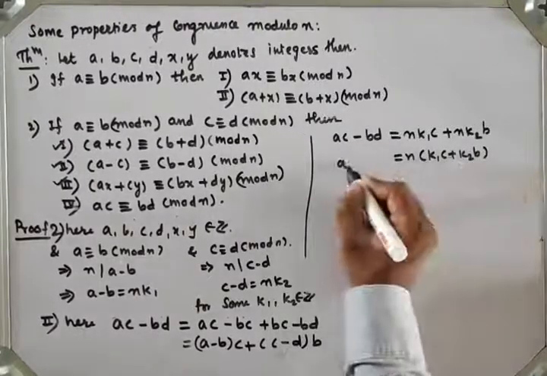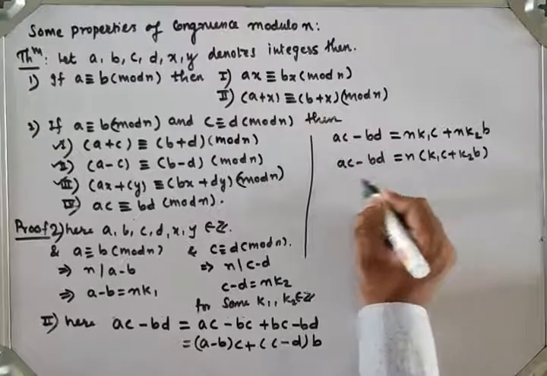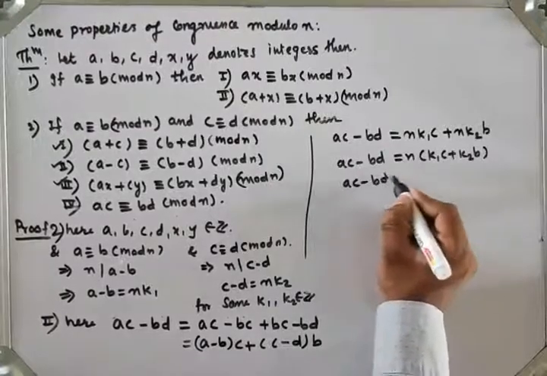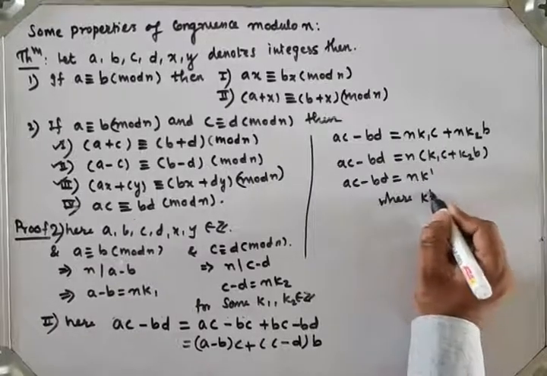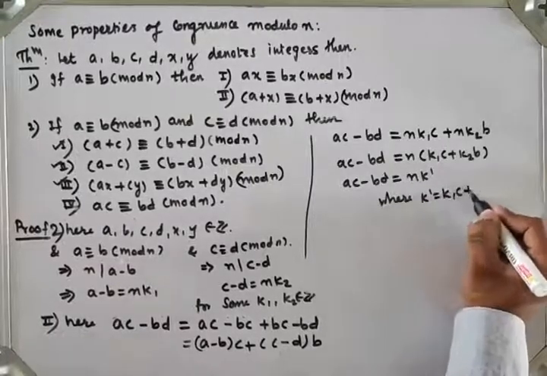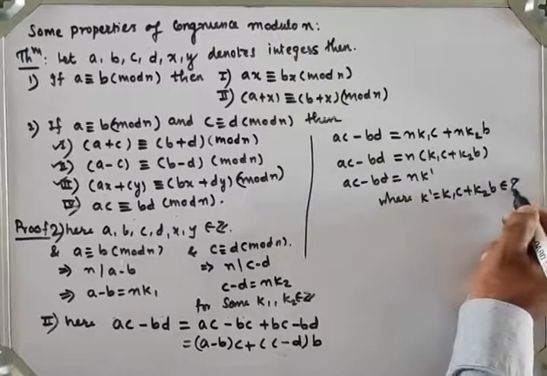So AC minus BD is equal to n into k dash, where k dash is nothing but k1c plus k2b, which belongs to the set of integers.